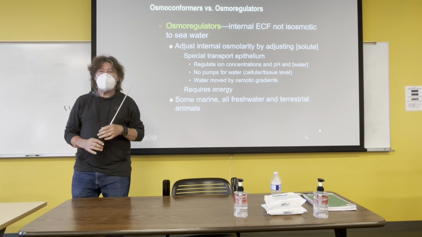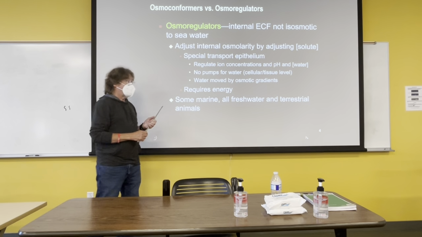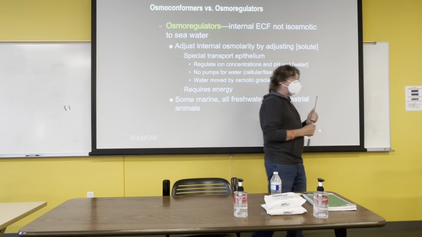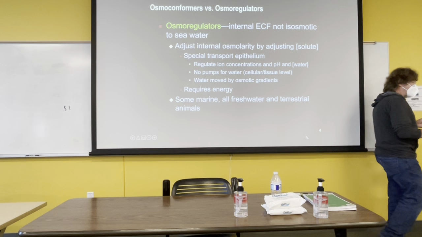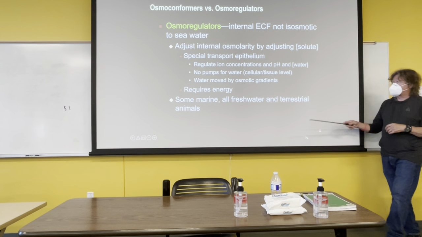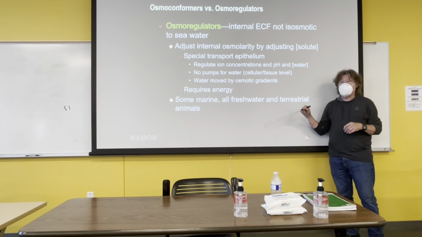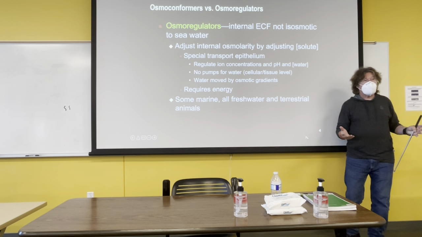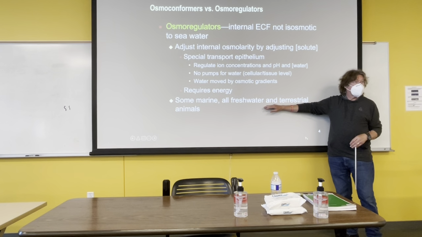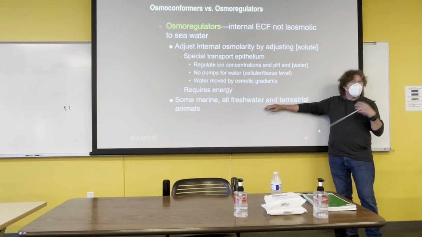That's right. There's no such thing as an ionoconformer that is also an osmoregulator. That's a category that just doesn't exist. And of course, all terrestrial animals are osmoregulators. Why? Because we're not living in water. We don't have to worry about water coming in. We're losing water across our skin, through our lungs, and everything like this.